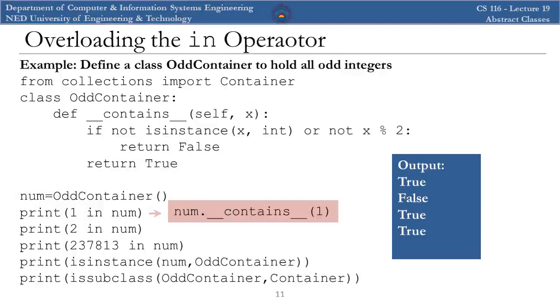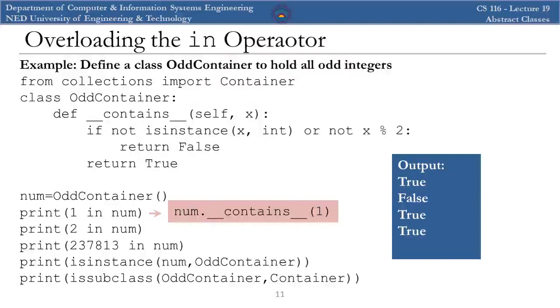Now this issubclass function is a built-in function like isinstance, and it simply checks if one class is a subclass of another class. So here I am checking if my OddContainer class is a subclass of Container. Now you see I did not derive from this class. You see I did not put any round brackets for inheritance after my class name above.